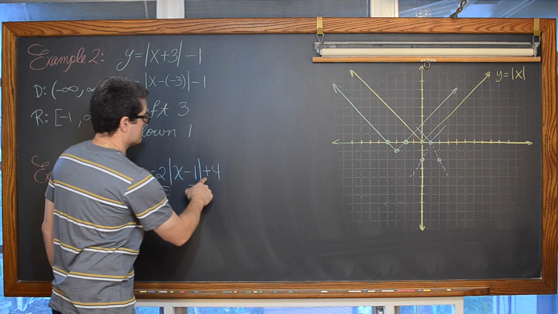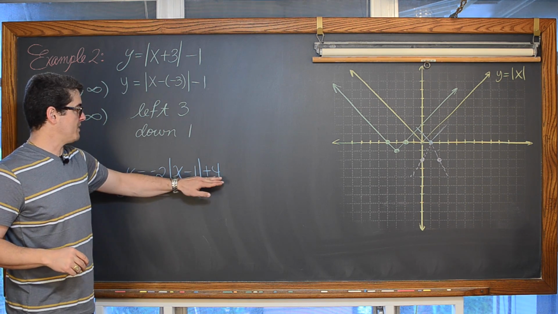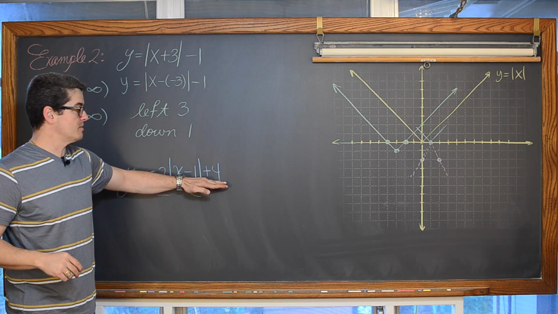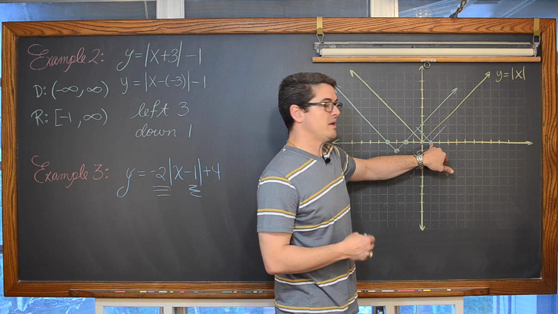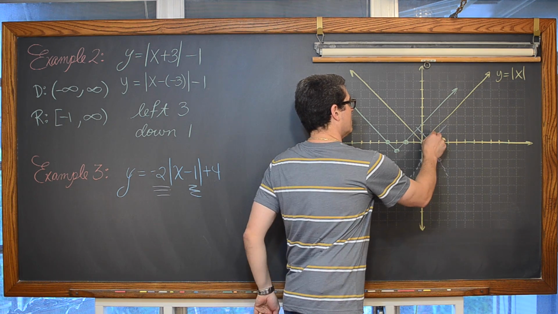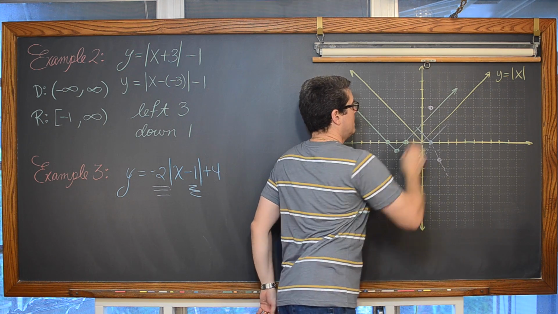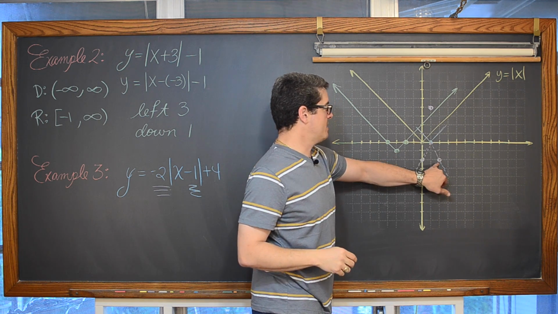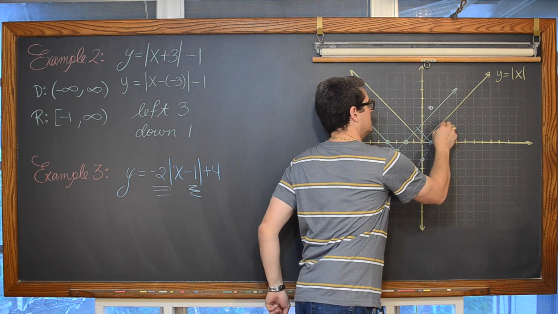But now we've got to take into account that we have a +4. Of course, this plus or minus is not inside the function, so that's going to move the graph up. So every one of these points is going to go up 4. So instead of being at 1, 0, we're at 1, 4. Instead of being at 2, -2, we're going to move that up 4 and be at 2, 2.